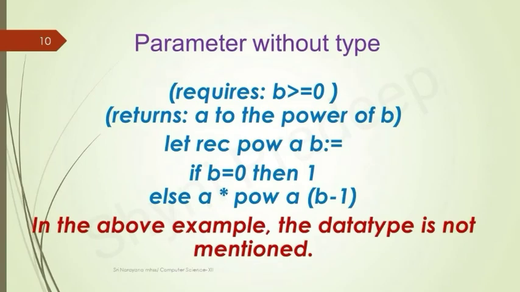How will you identify? In this code, the values 0 and 1 are given. You know that 0 is an integer value and 1 is also an integer value. So you can easily identify that the parameter belongs to the int data type. So this is the example for parameter without type.